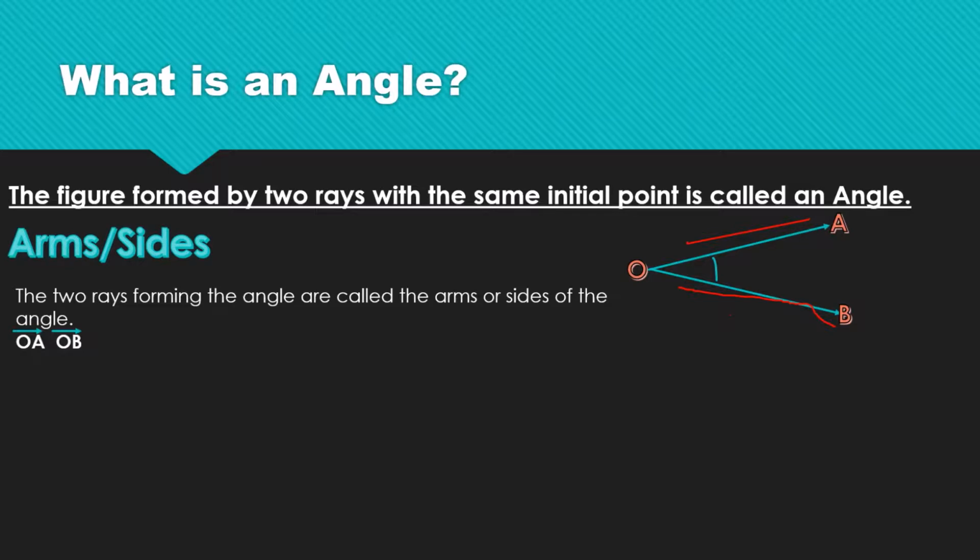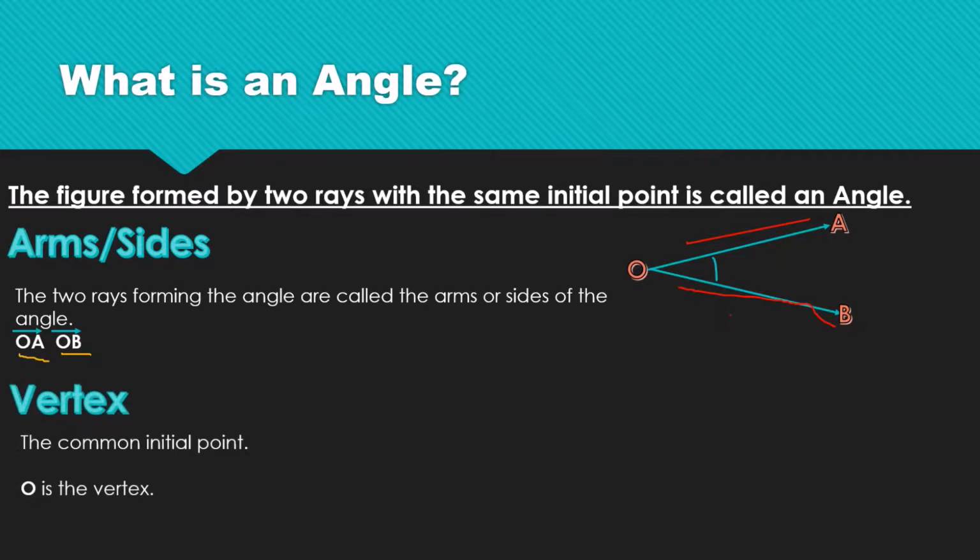Now, what are the arms and sides of an angle? Simply, the two rays forming an angle are called the arms and sides of the angle. So our arms and sides will be OA and OB, because these are the only rays forming the angle. Next is the vertex.